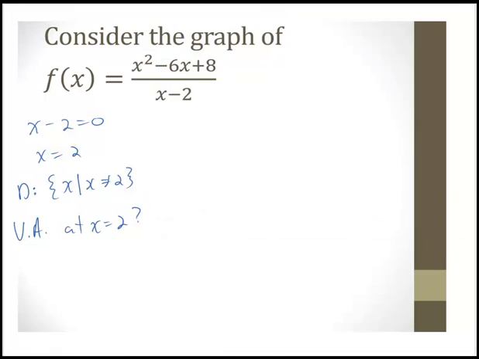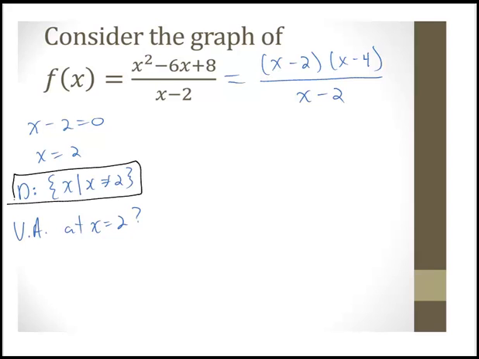Alright, now let's see why that happened. Notice that I could have written x squared minus 6x plus 8 as x minus 2 times x minus 4. That's its factored form. And the denominator is x minus 2. Now, I know that the domain is x cannot equal 2.